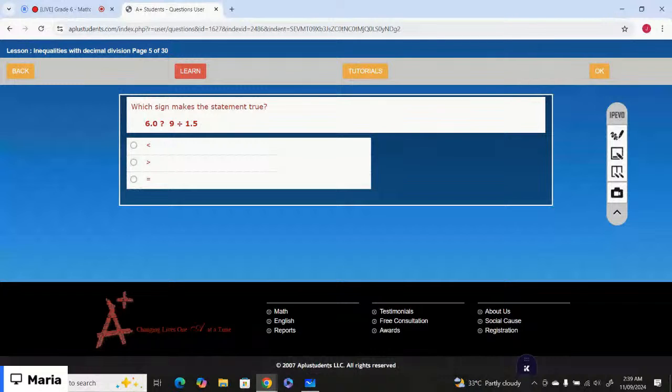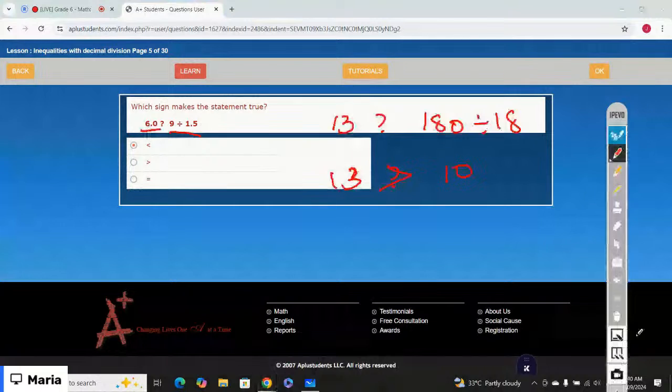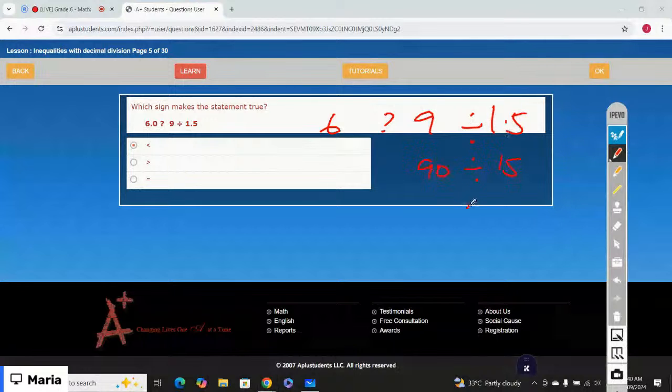Very good. 6 divided by 9 is less. Sorry, wait. They both are exactly equal. You have only 6 here, right? Let's just see. 6.0 means 6. And here you have 9 divided by 1.5. So you need to move the decimal point right for both. That is 90 divided by 15. And 15 times 6 is 90.